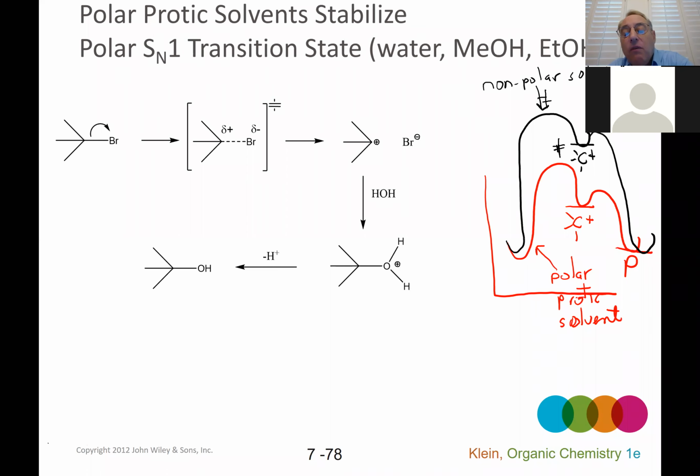generally the solvents will favor SN1 and E1, not favor SN2 or E2, because the SN2 and E2 rates are second order. They depend on the substrate concentration. They depend on the base concentration.